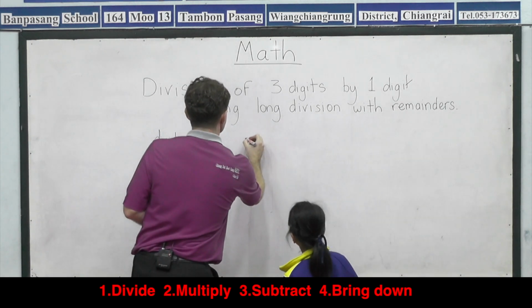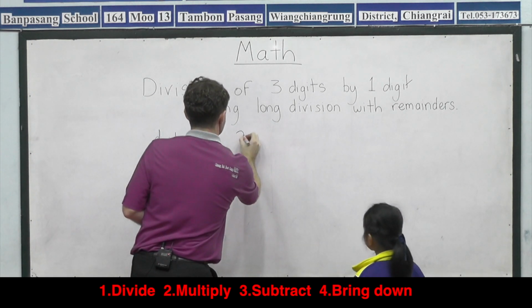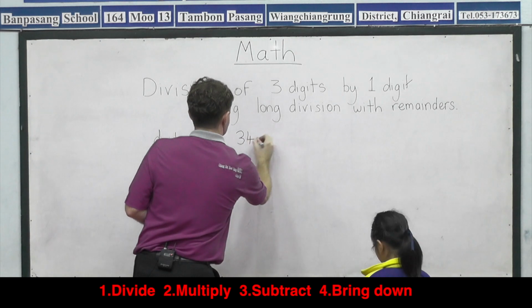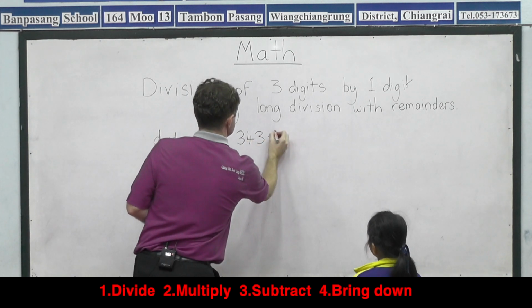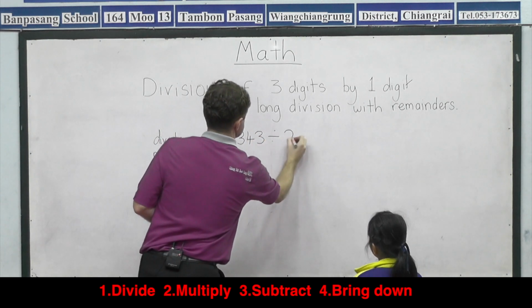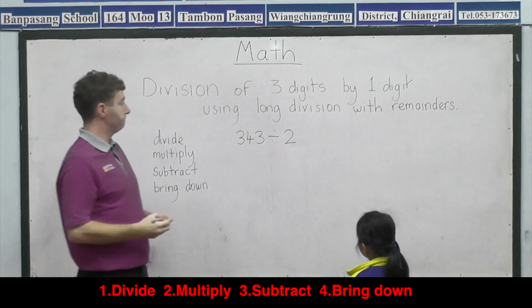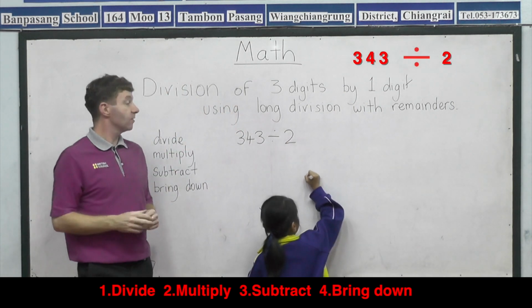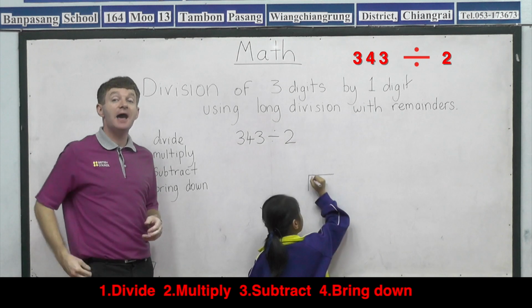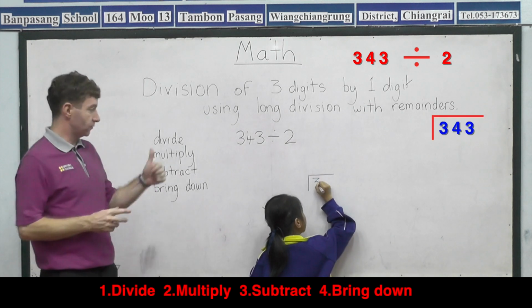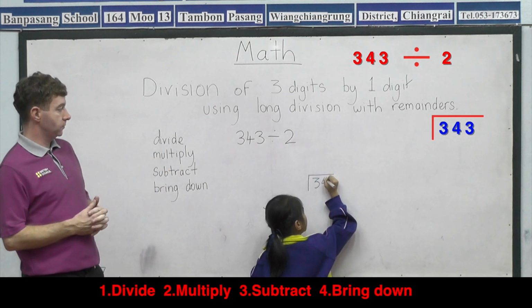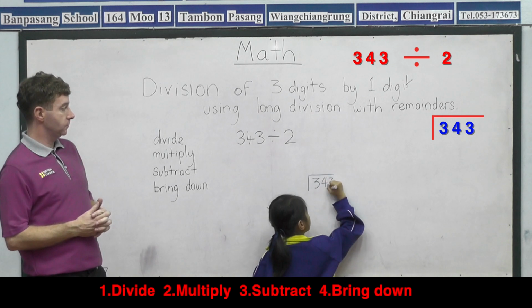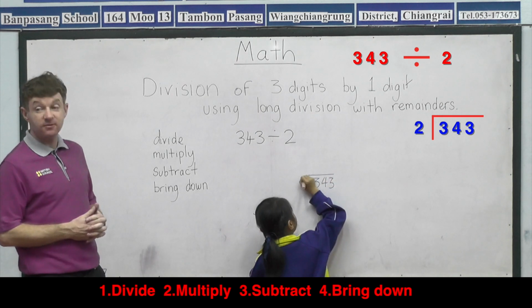We will have, let's see, 3-digit number. How about that one? 343 divided by 2. Excellent.